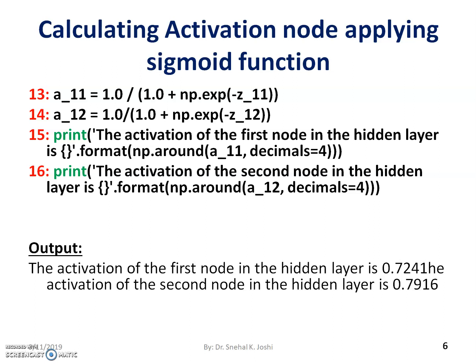We use the sigmoid function to obtain the activation node value in order to keep the value in the range of 0 and 1. Here, we calculate A11 and A12 as shown in line 13 and line 14 of the code, and as output, you can observe the obtained activation values for both nodes.